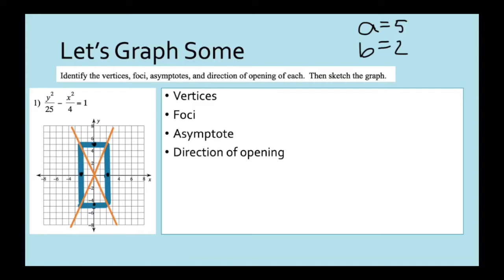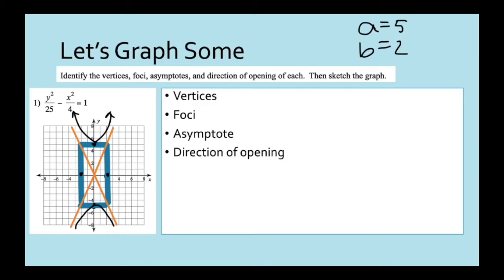And now we need to decide which direction our hyperbola goes. Does it go up and down, or does it go left and right? We look at what's listed first. It's the y first. Since the y is listed first, it is over the y-axis. So this is an up-down hyperbola. That answers this question right here with the opening.